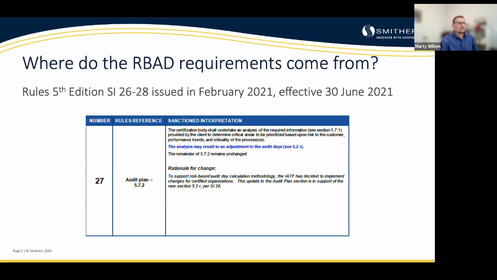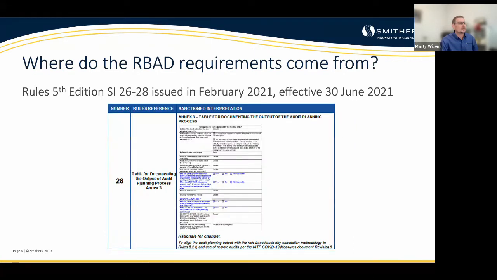So we'll try and do this as far in advance as possible. And then the 28 is simply just what the output of this has to look like, and we'll show you what we did with our process and with our forms to address it.